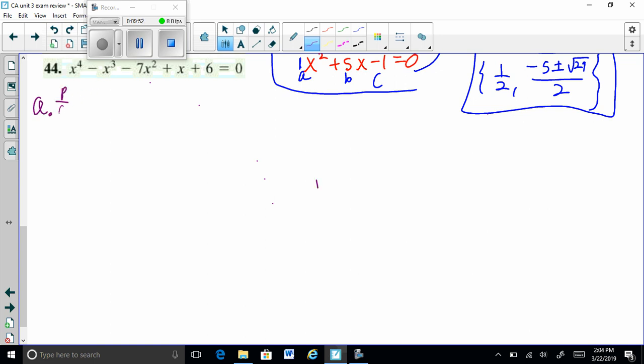So we're going to do our P over Q. So let's see, we should have plus or minus 1, 2, 3, 6 all over plus or minus 1. So that makes life kind of easy. So it's just basically a repeat of the numerator.